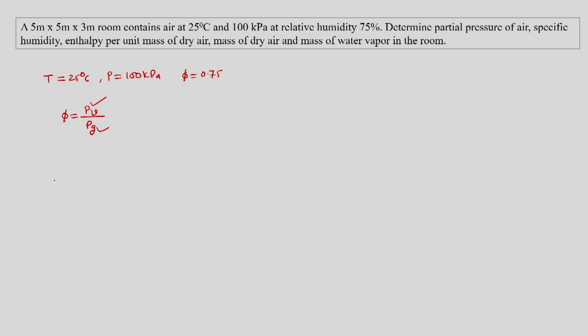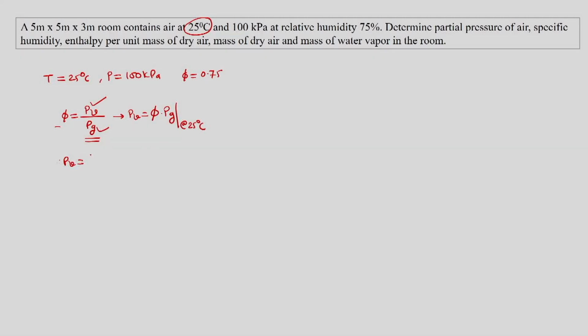So we can see at 25 degrees Celsius what the saturation pressure of vapor is. So for that we can find Pg, phi is known, so Pv is equal to phi into Pg, and this is at 25 degrees Celsius.